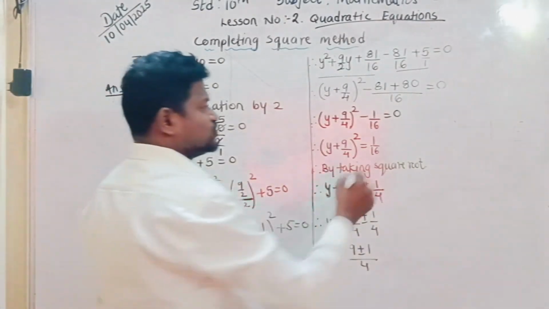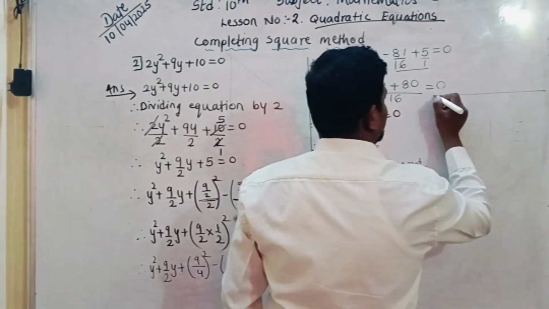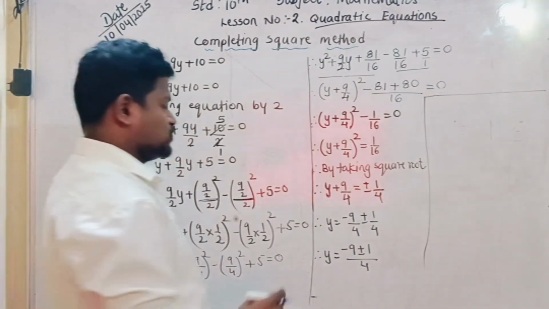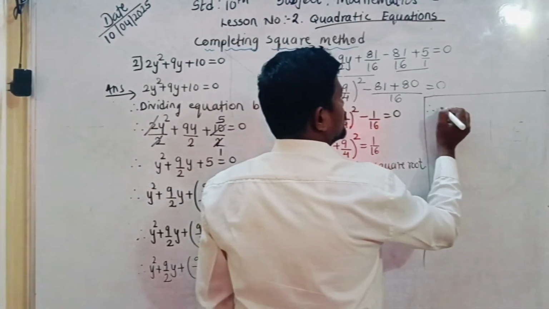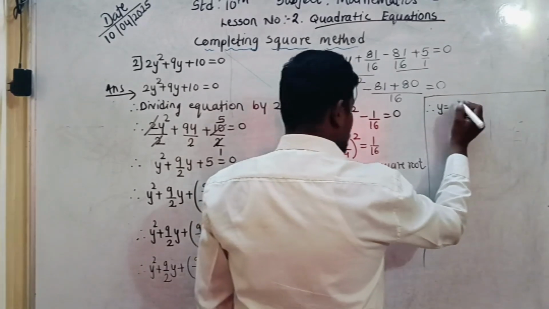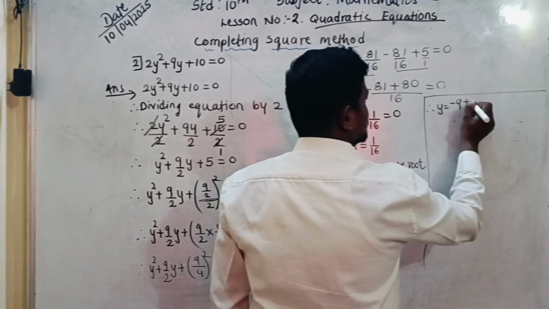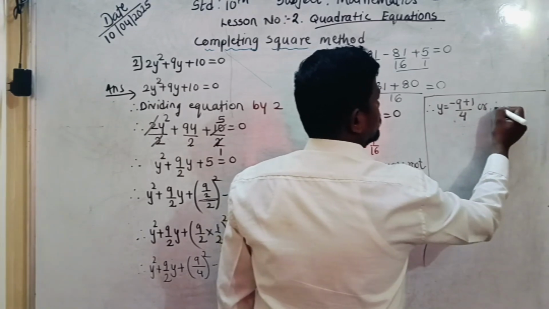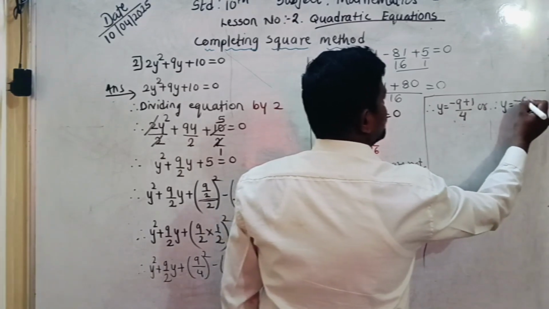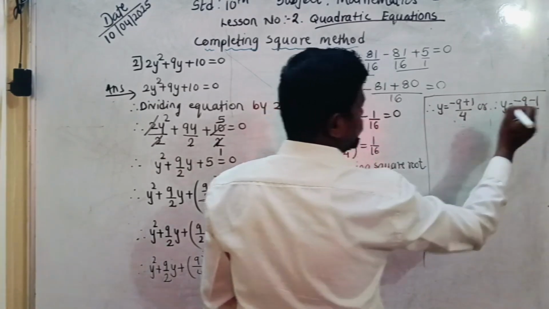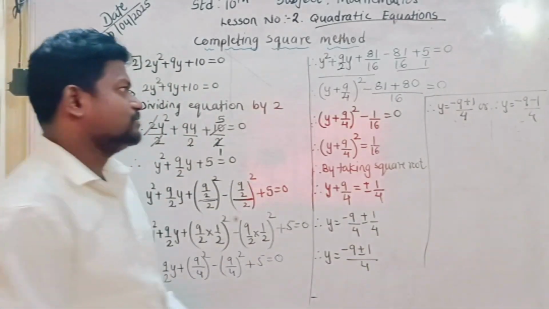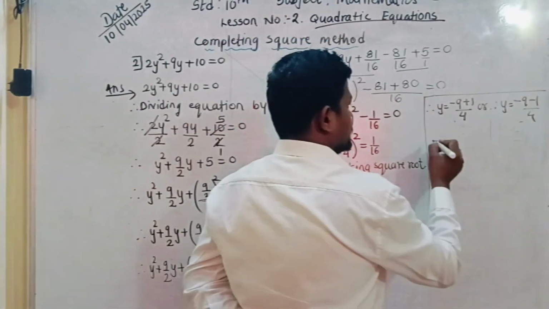So separate these two numbers. y is equal to (minus 9 plus 1)/4, or y is equal to (minus 9 minus 1)/4. So these are the two values that we consider.